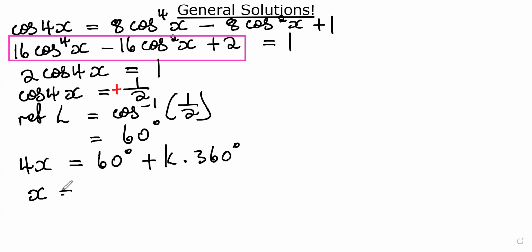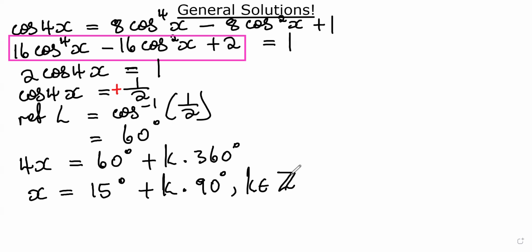And when we divide throughout by 4, here we get 15 degrees. And 360 divided by 4, well, it's going to be 90 degrees. And you don't forget to mention that k must be an element of integers.